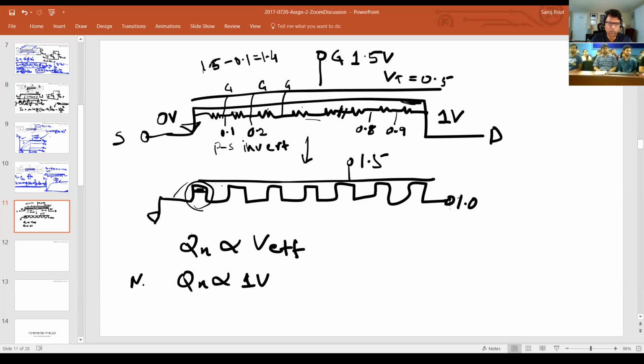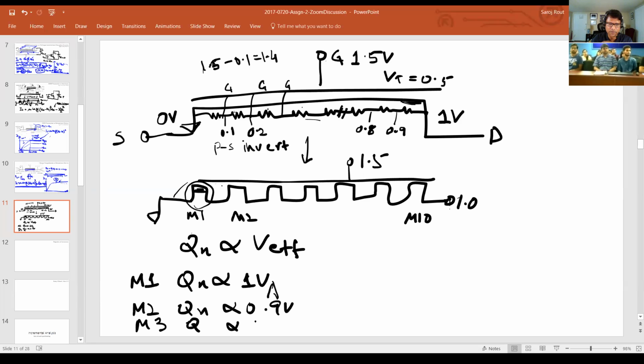Let's call this M1, M2 to M10, the small transistors here. And for M2, it's proportional to 0.9 volts. So obviously this is less than this voltage here. For M3, Qn is proportional to 0.8 volts and so on. And when you get to M10, the V effective is only 0.1 volts.